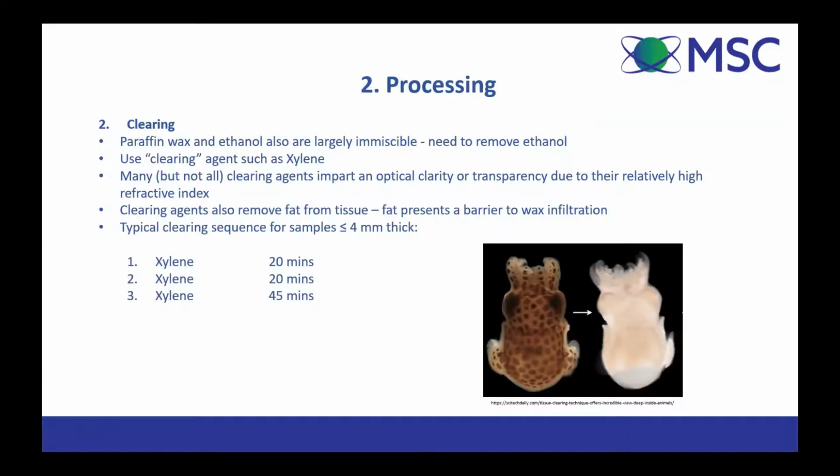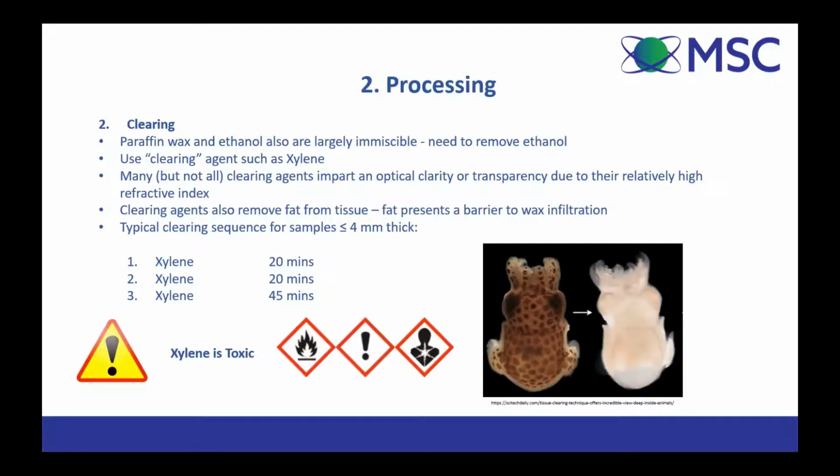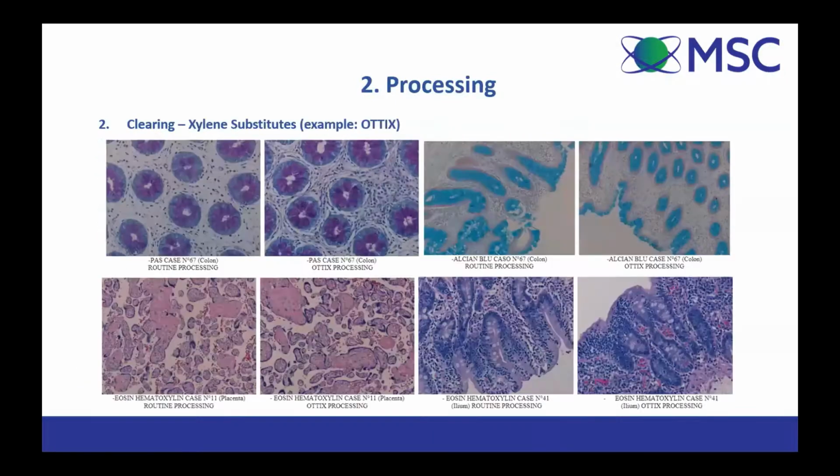And a typical clearing sequence for samples of approximately the same size, like we spoke about before, of 4 millimeters thick, would be something like this, where you do 3 incubation phases with xylene for different periods of time. It's worth knowing here that xylene is another of those toxic chemicals. So what has been really great is that there's a move nowadays towards using less toxic or non-toxic alternatives.